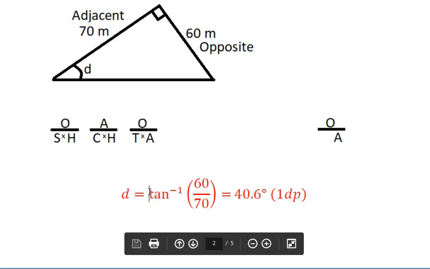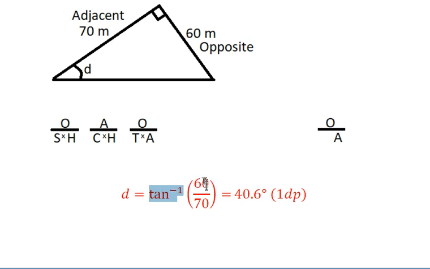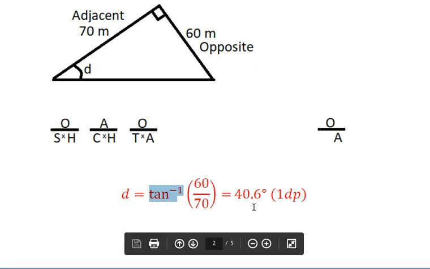Don't write down a -1 on your calculator, that will mess everything up. To get this -1, you need to press Shift Tan on your calculator. So all you have to hit is Shift Tan 60 divided by 70, and then close bracket, and then equals, and you should get 40.6 degrees if you're going to take 1 dp. Again, you could take 2 dp if you wanted to.